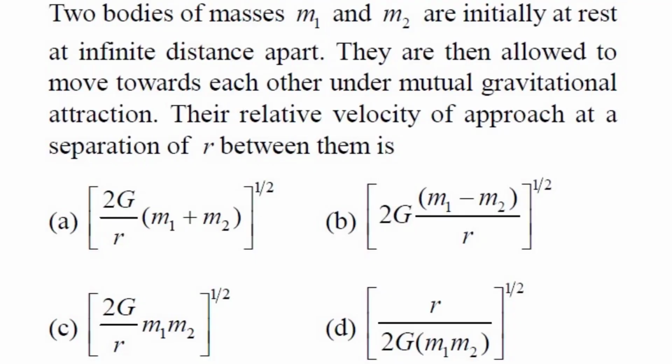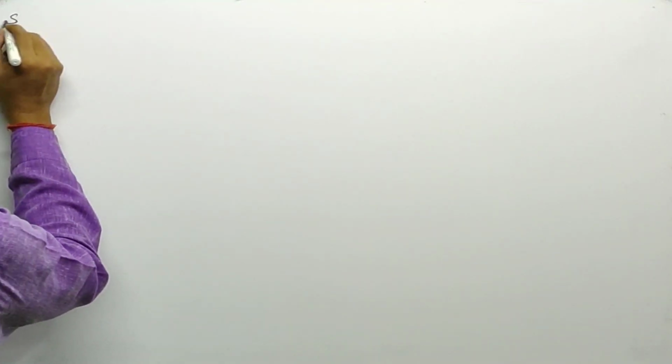Two bodies of masses m1 and m2 are initially at rest at infinite distance apart. They are then allowed to move towards each other under mutual gravitational attraction. Their relative velocity of approach at a separation of small r between them is. Solution.